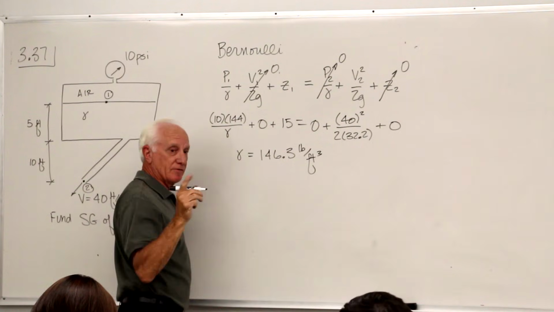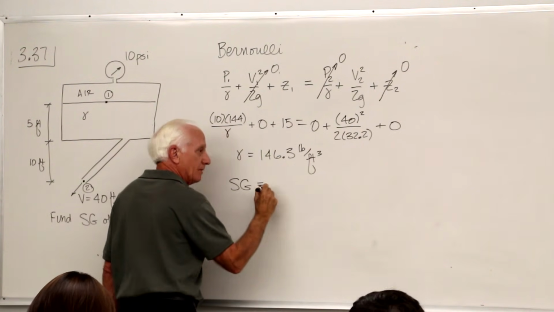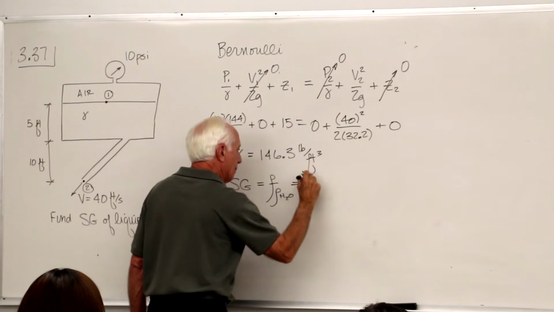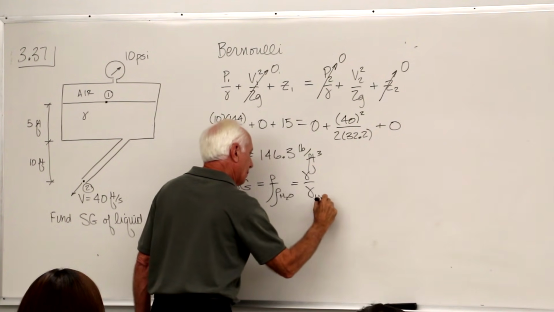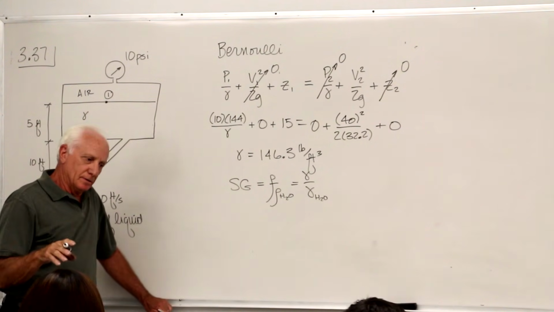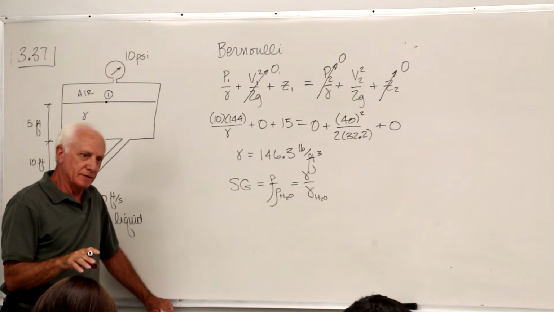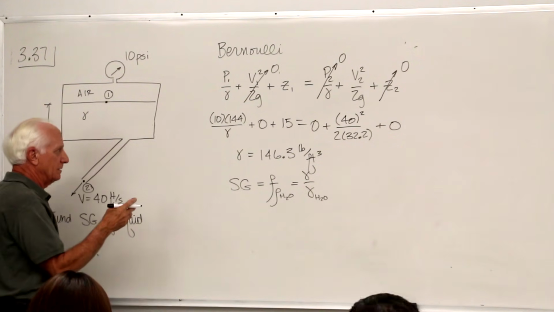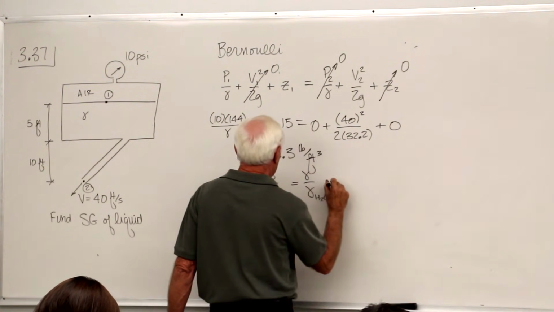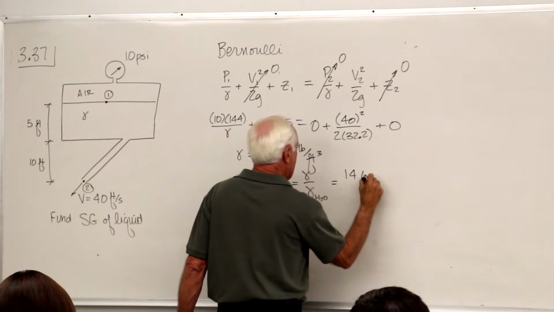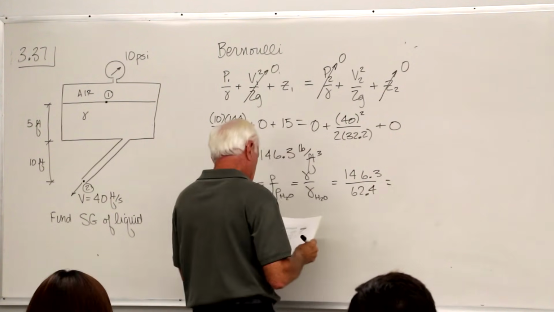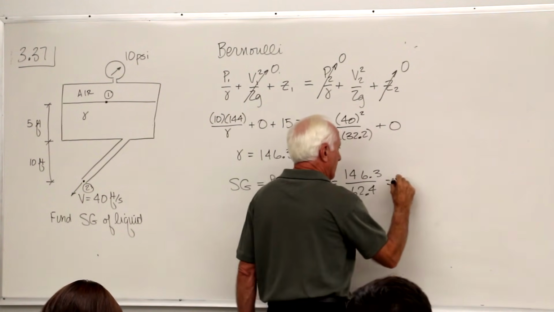Remember what specific gravity is. It's your choice now. You can define specific gravity in terms of a density ratio or a specific weight ratio. Your choice. Take the easy way out. I just found gamma. I don't want to find a rho, so I'm going to use gamma. 2.34.